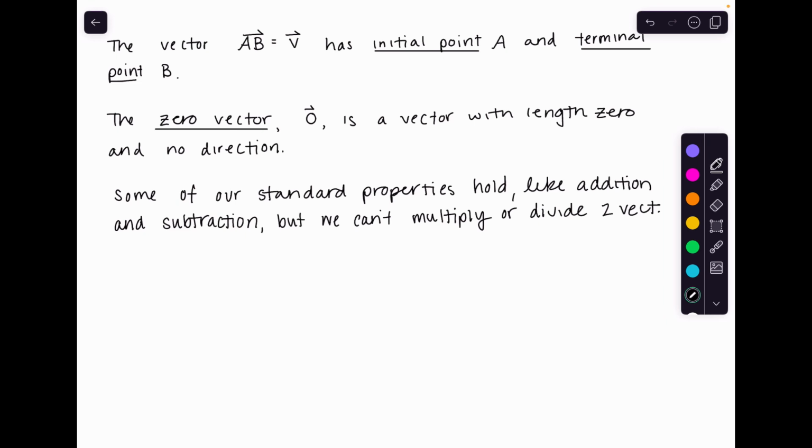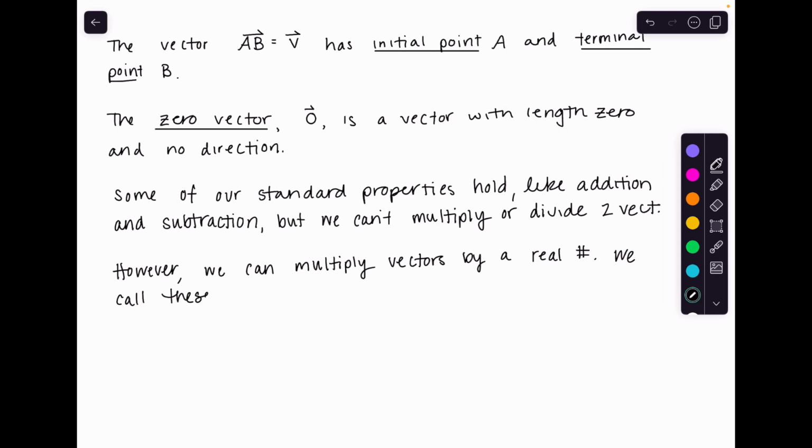However, what we can do is multiply vectors by a real number. We call these numbers scalars, to distinguish them from our vectors.